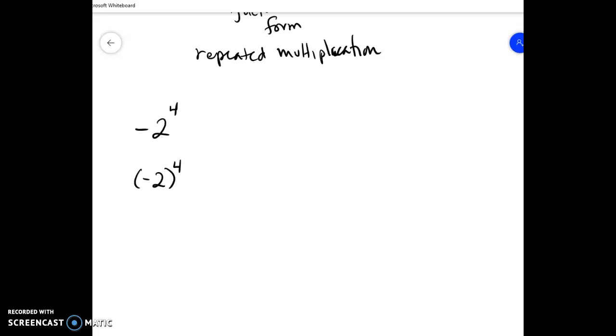But it's not, because in this case you can think of this as the opposite of 2 to the fourth. So this right here is the base. So the base here is 2, and the exponent is 4. And then it's the opposite of 2 to the fourth. So it's taking the negative after you do the exponent. In this case, because of its parentheses, that is telling you to take a negative 2 and raise it to the fourth power. So here, my base is negative 2, and my exponent is 4.